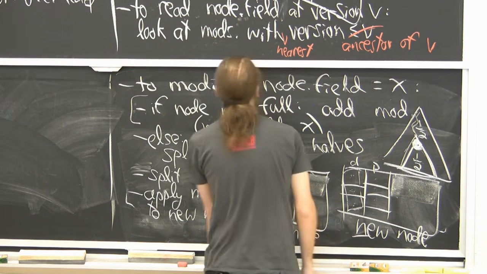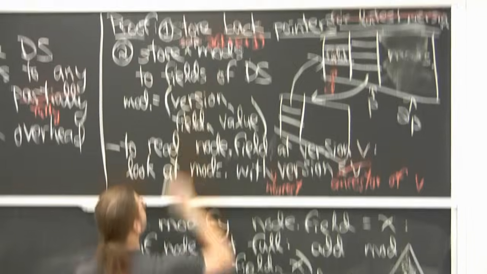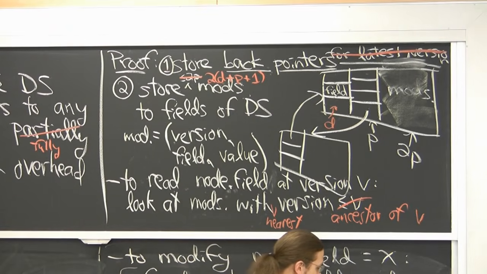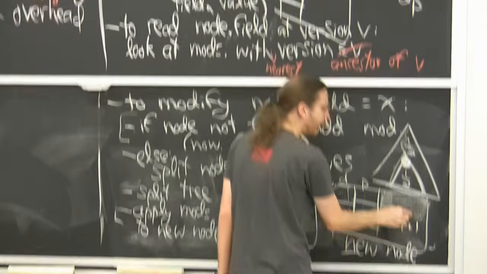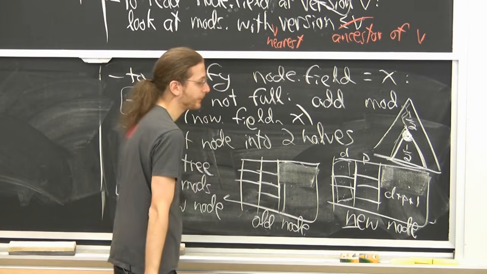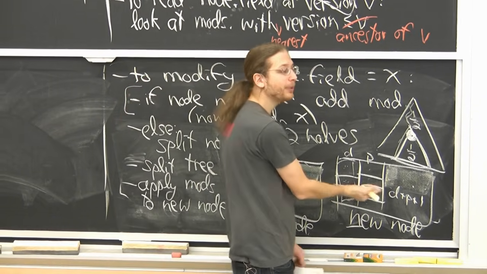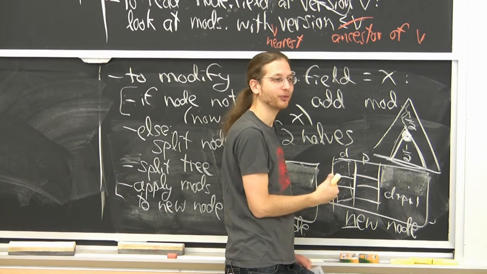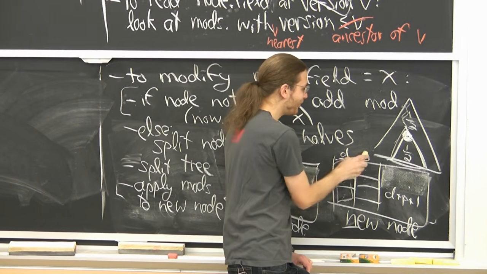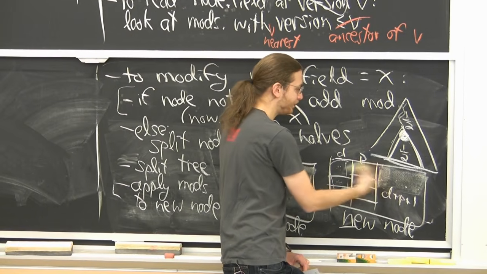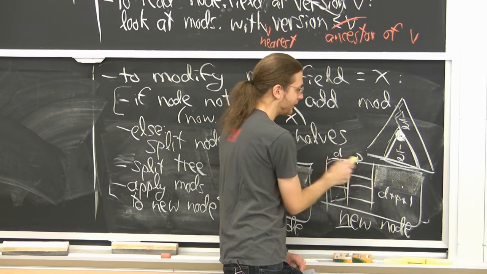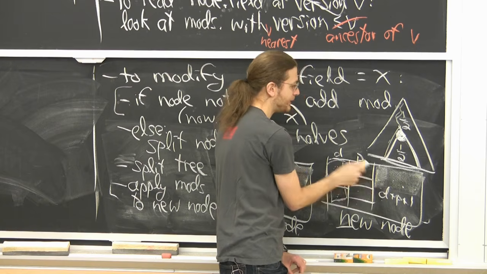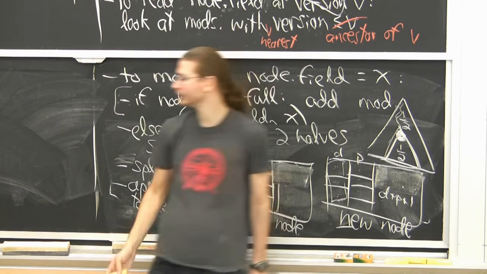How many? Well, if we assume this magical 50-50 split, there's right now D plus P plus 1 mods over here, half of them. Each of them might be a pointer to some other place which has a return pointer in that version. So the number of back pointers that we need to update is going to be 2 times D, 2 times P plus 1.